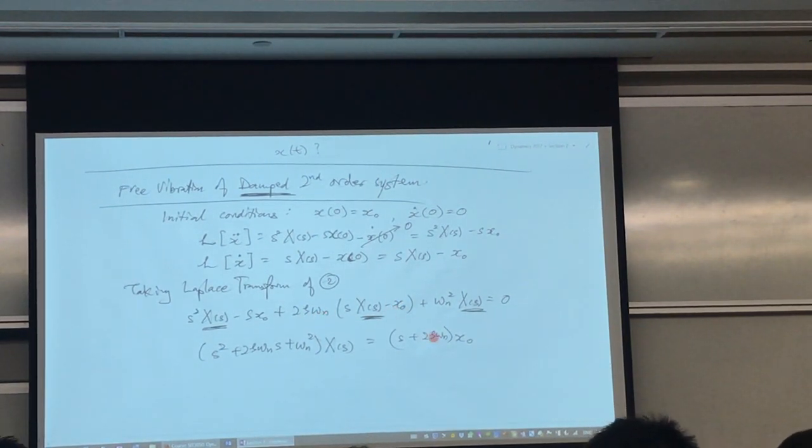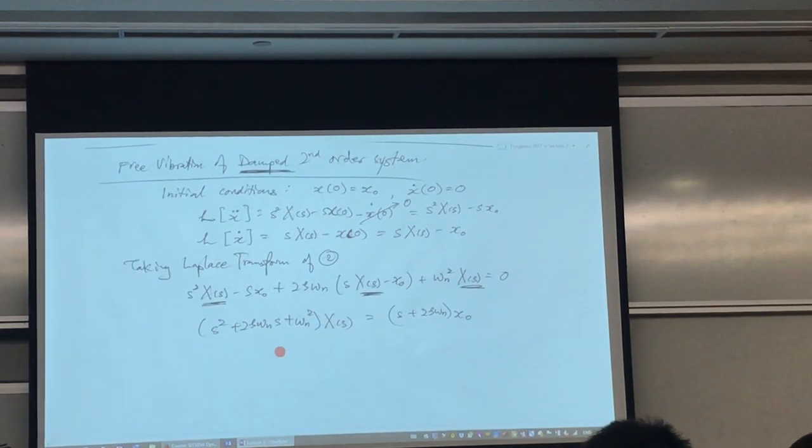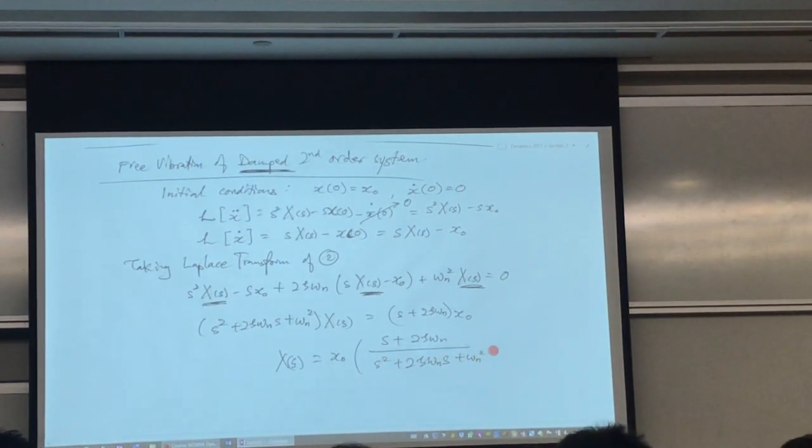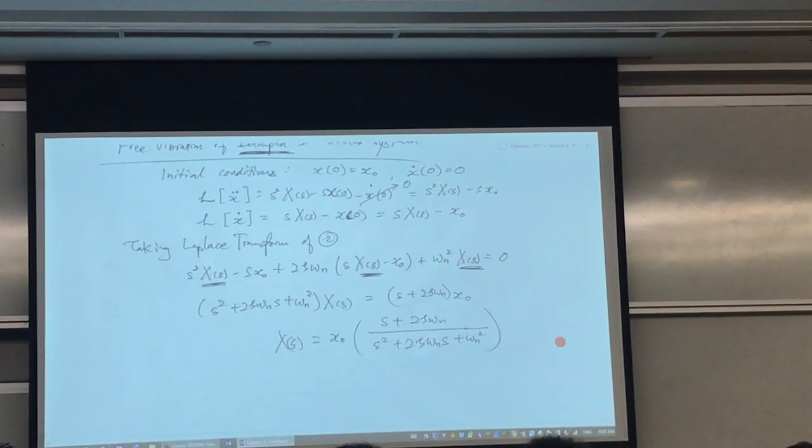So keeping X(s) as the subject, I now have x naught at the front, times s plus 2 zeta omega n over s squared plus 2 zeta omega n s plus omega n squared. I'll call this equation 3.